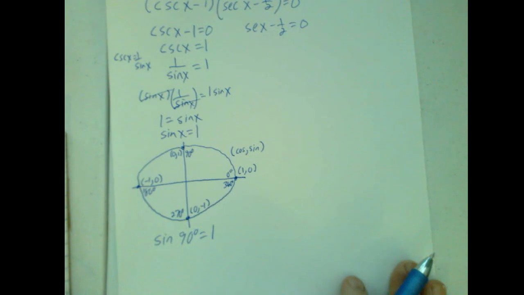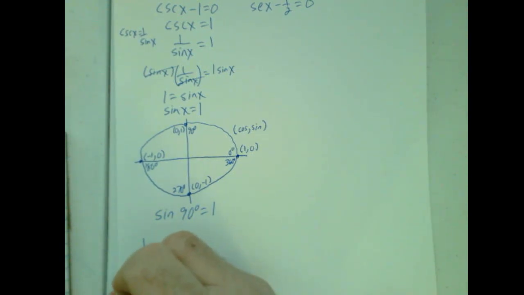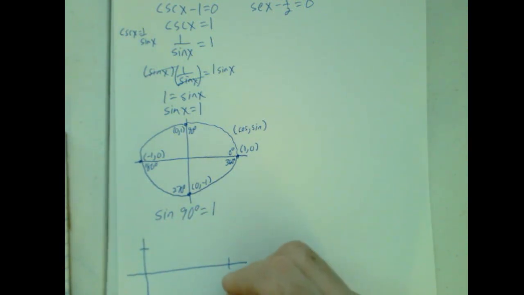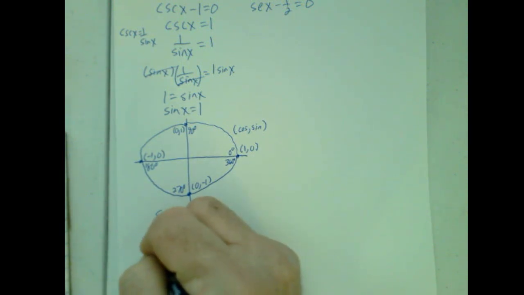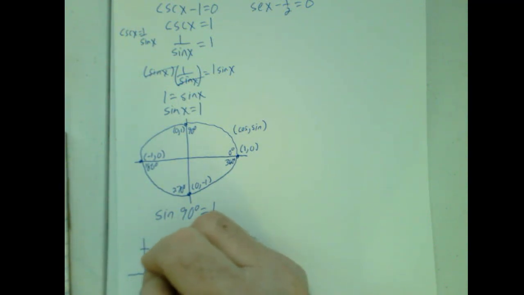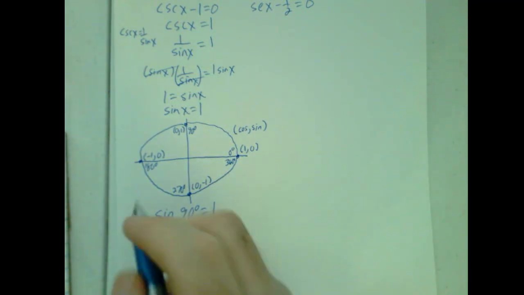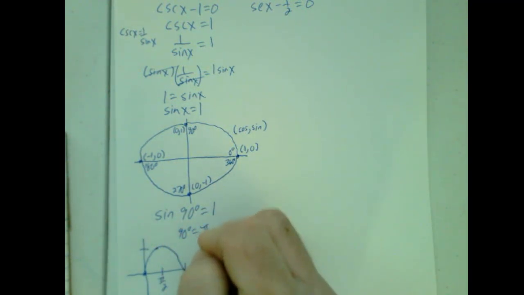The other way to figure out sine of what angle is 1 is to draw the actual graph of sine. So 90 degrees is equal to pi over 2.